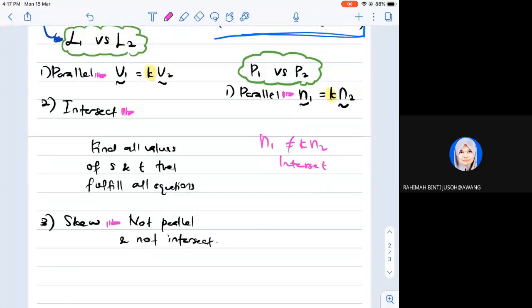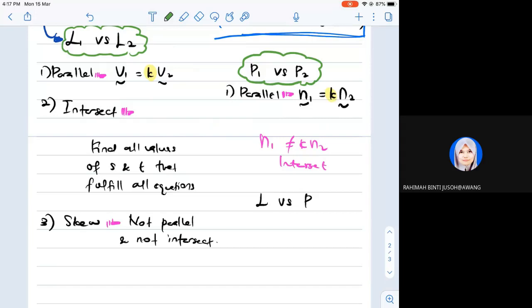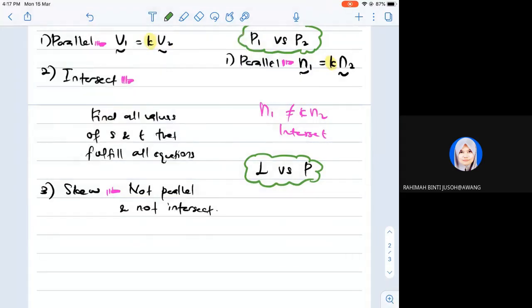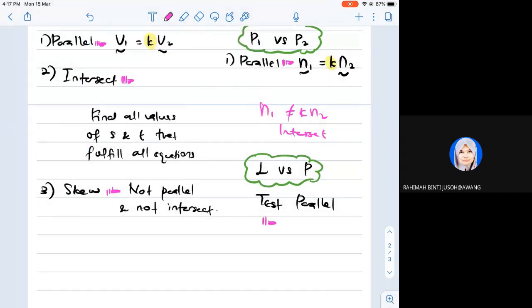And then another one, let's say you are given line versus plane. Kalau kita nak test parallel dia ni, line versus plane, test parallel juga. Kalau line versus plane, formula dia adalah V dot N must be equals to 0.